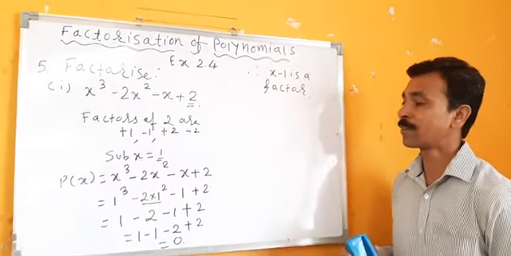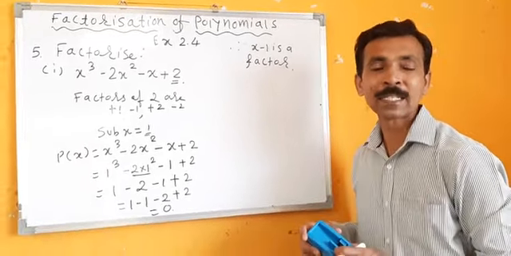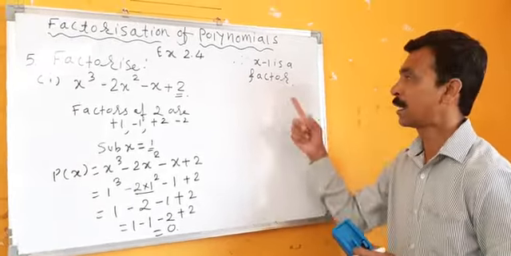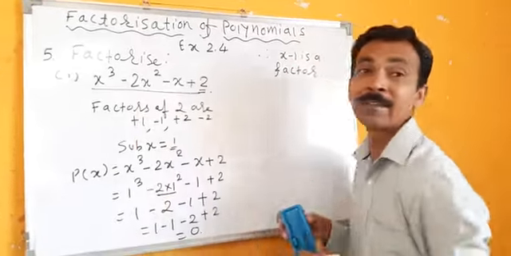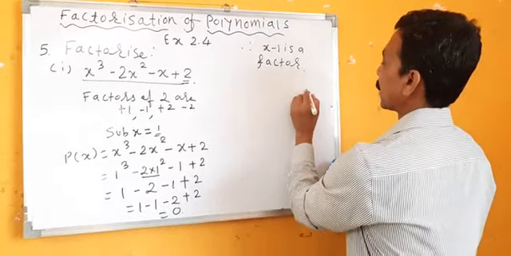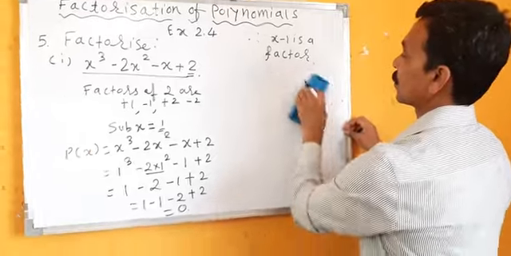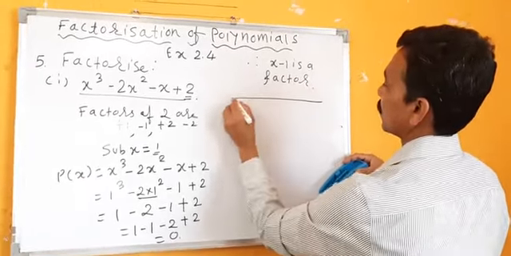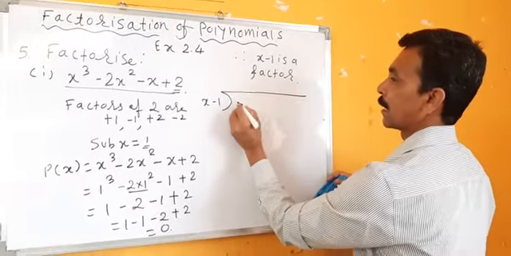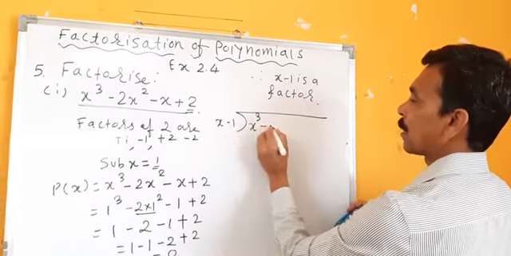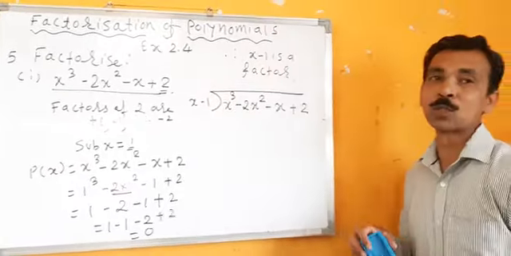Now what we have to do after this? We have to do the long division method. In 8th standard, I think you have studied the long division method. This is the divisor now, x minus 1 is the divisor, and this is the dividend. I will do the division here. I write here, x minus 1 is a factor, and here it will be x cube minus 2x square minus x plus 2.